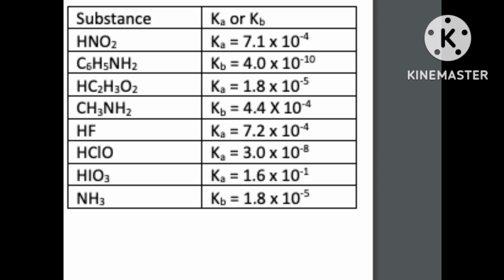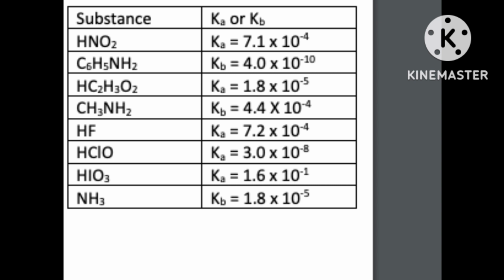All are in aqueous solution. In a weak base, there is a partial ionization of MOH, partial, not fully. Weak means always partial. In a weak base, there is a partial ionization of MOH into M plus and OH minus. The case is similar to that of acid dissociation equilibrium. The equilibrium constant for base ionization is called the base ionization constant and is represented by Kb.